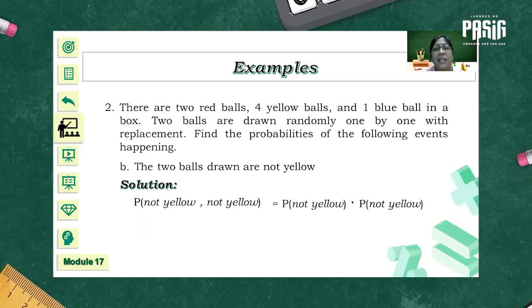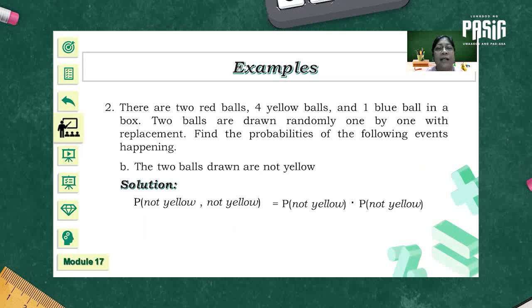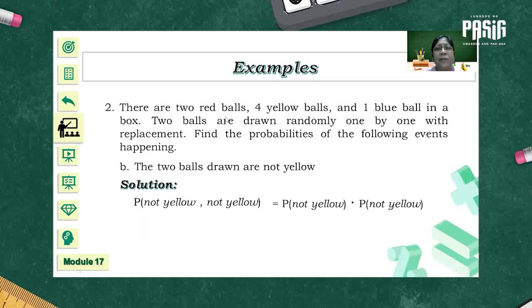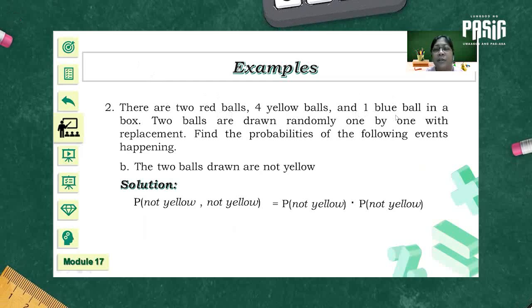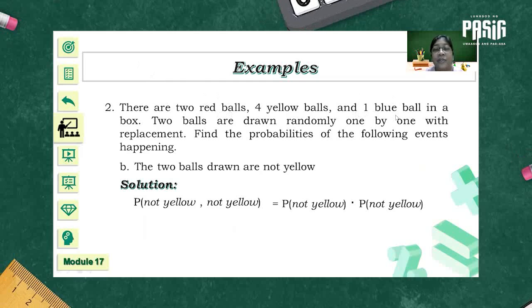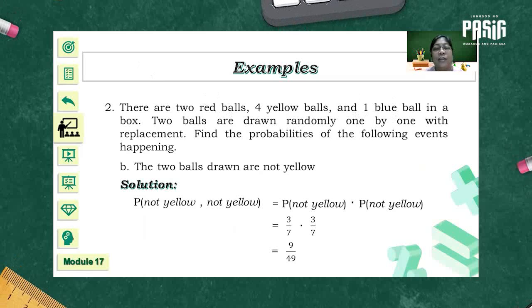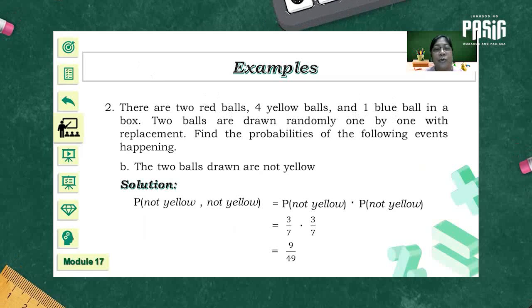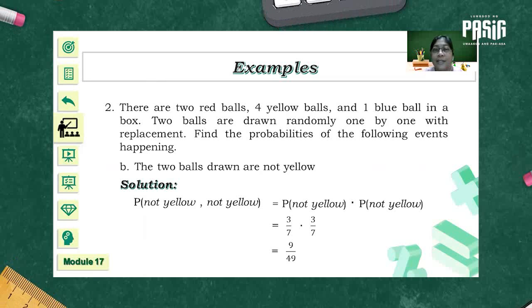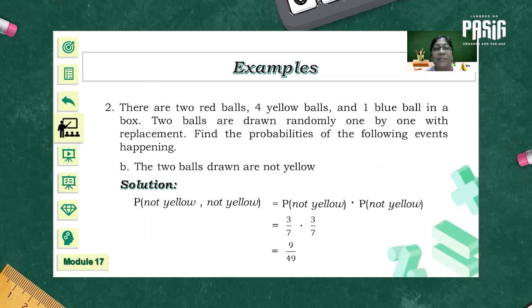But how many non-yellow balls are there? There are 2 red balls and 1 blue ball, which is equal to 3 over 7 times 3 over 7 will have 9 over 49. So the probability that the 2 balls drawn are not yellow is equal to 9 over 49.